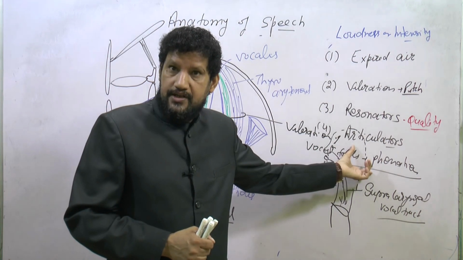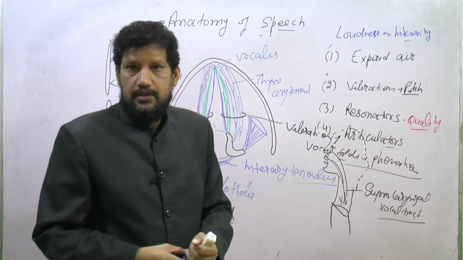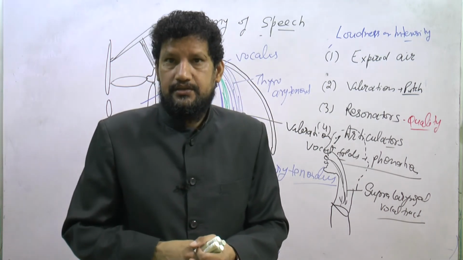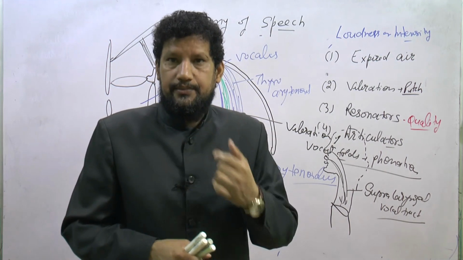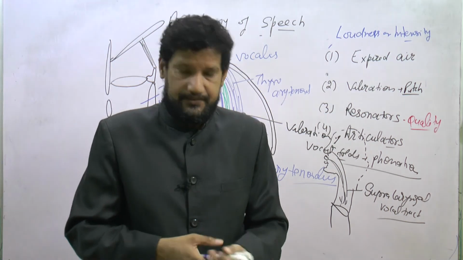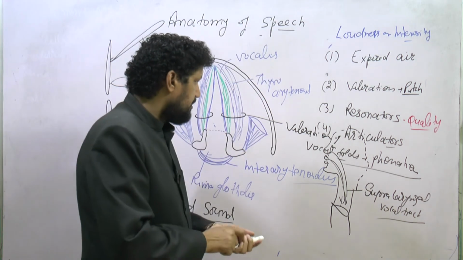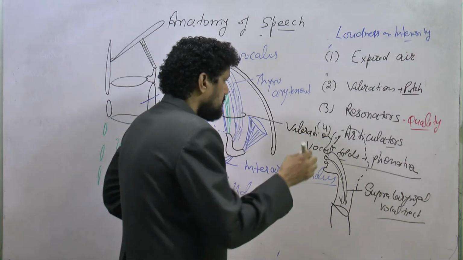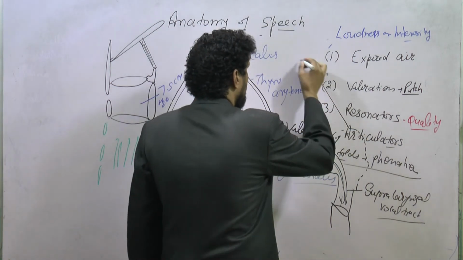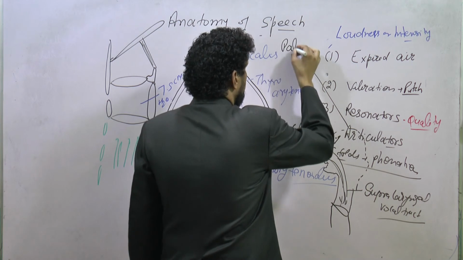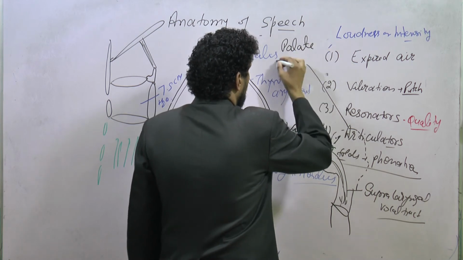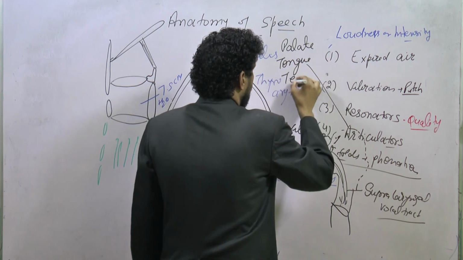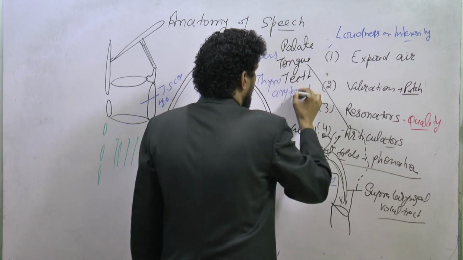The articulators are the palate, tongue, lips and teeth. So what are articulators? Palate, tongue, teeth and the lips.